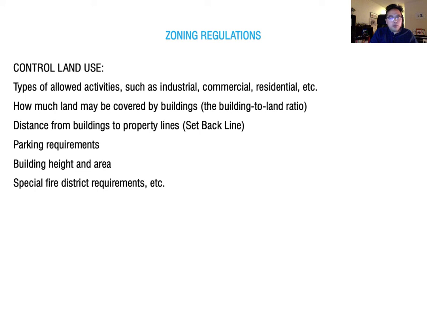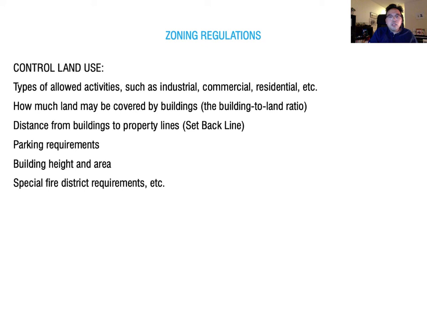If your neighbors only build 3 stories or 5 stories, and you want to build a 100-story building, it's not allowed by the zoning, right? So zoning is more about making a better city, balanced with the context and with the neighbors, okay? So this is all about the zoning regulation.